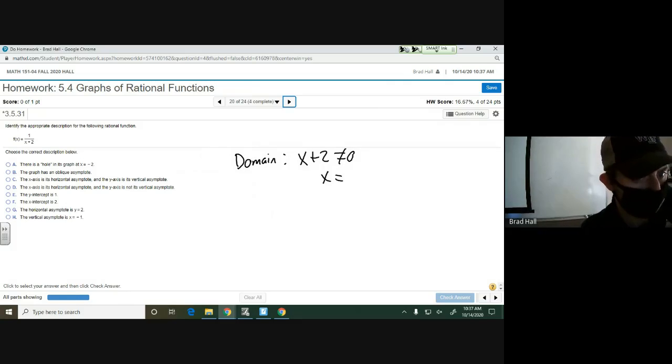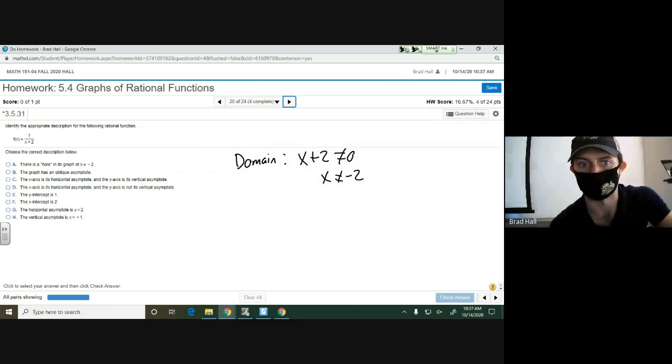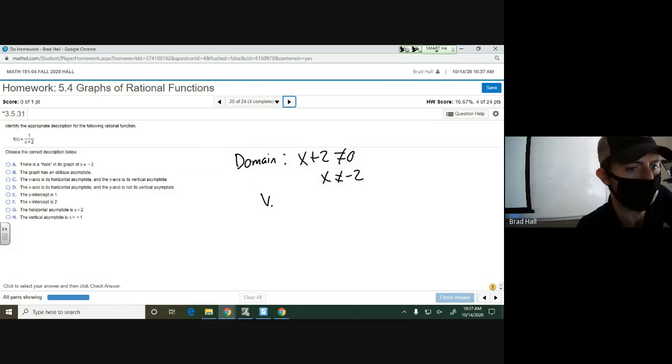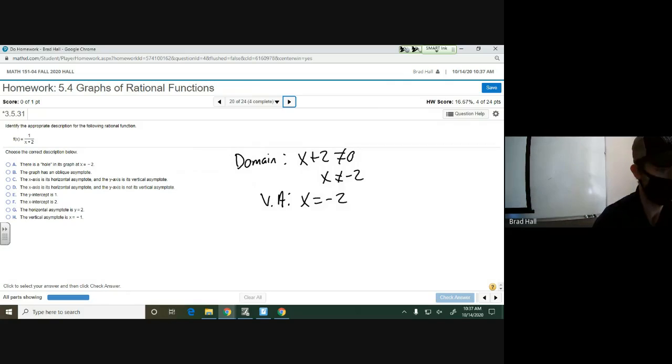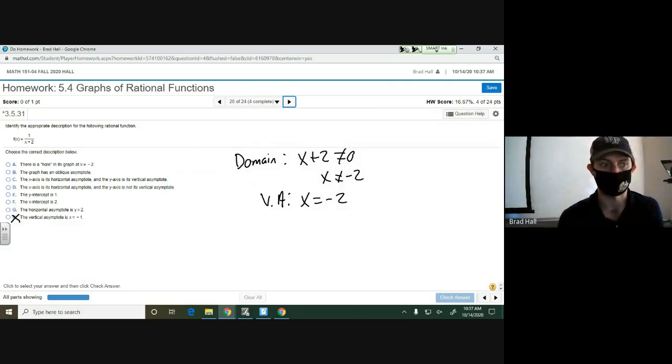We can quickly find that x cannot equal -2, which means the vertical asymptote is x is equal to -2. But this problem for part H says that the vertical asymptote is -1, so that can't be right.